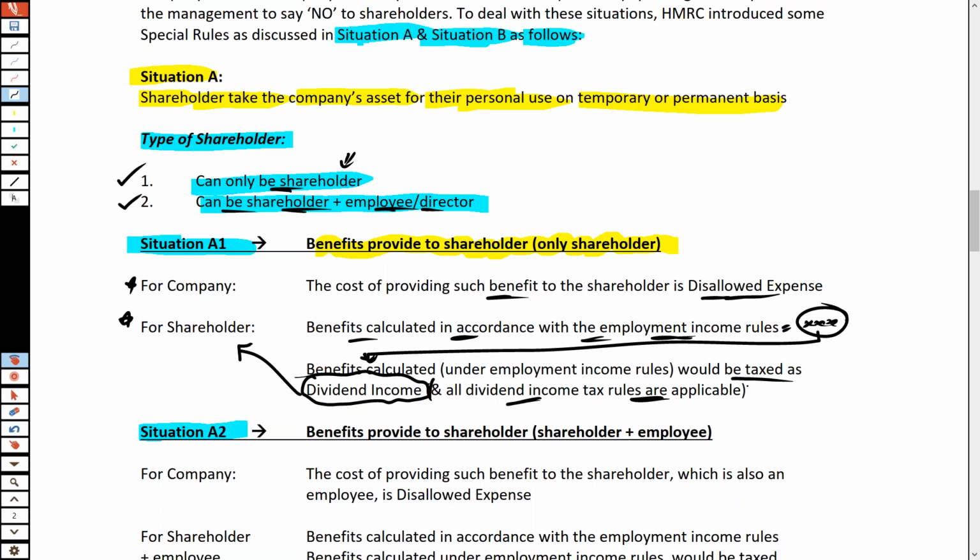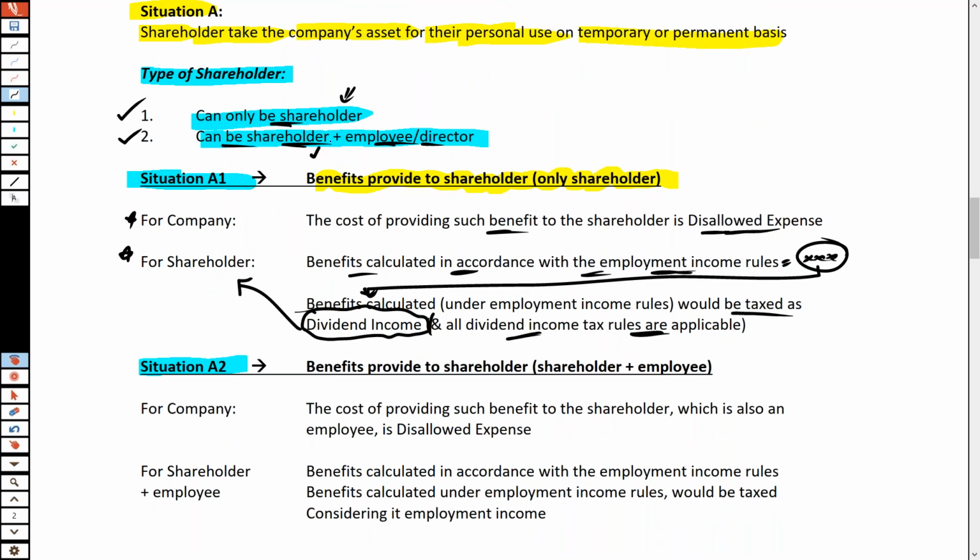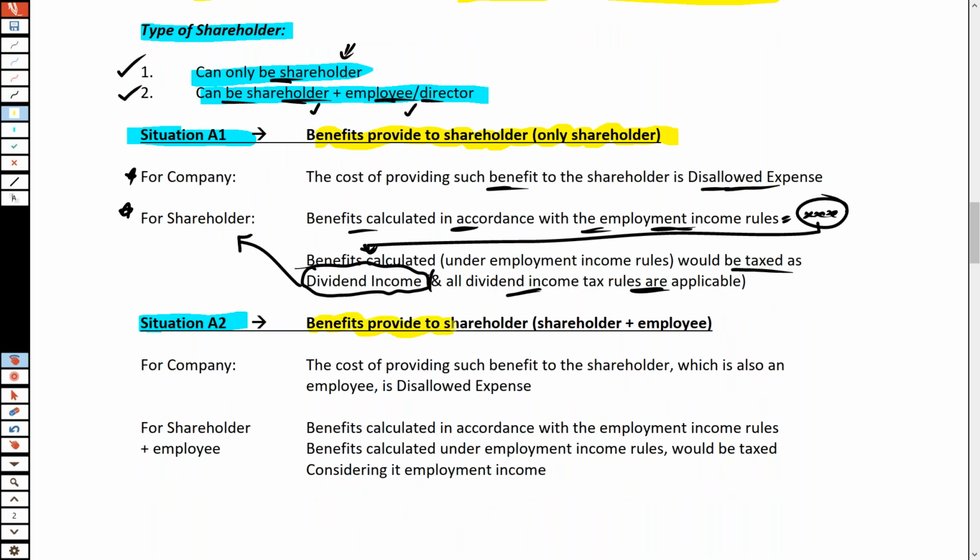Now, under situation A2, where the shareholder is a shareholder plus employee in the closed company, if any benefits are provided to that shareholder plus employee, what are the implications for the company? Here the person is a director as well as an employee in that company.